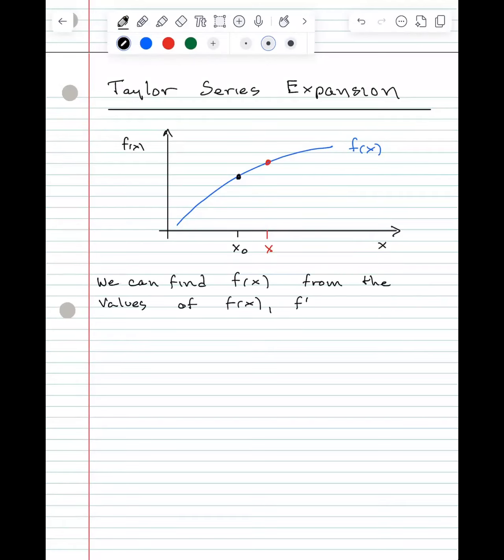The first derivative, which I'll call f prime of x, f double prime of x, that's the second derivative, and so on. And we assume that we know these values at some reference point, x0. And starting from there, we can extrapolate to find the value at x. And here's the result.